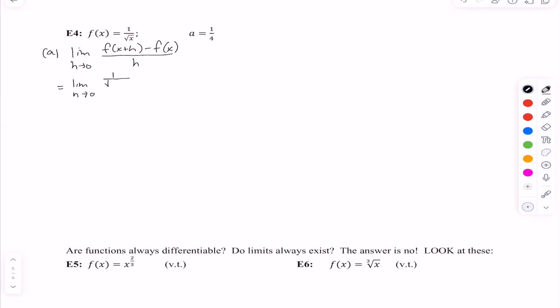Whenever you see an x, you're going to replace it with x plus h. And we'll go ahead and evaluate this with a common denominator. But instead of dividing by h, I am going to change the algebra a little bit. I'm going to multiply by 1 over h. And this will make it a little bit easier to read.